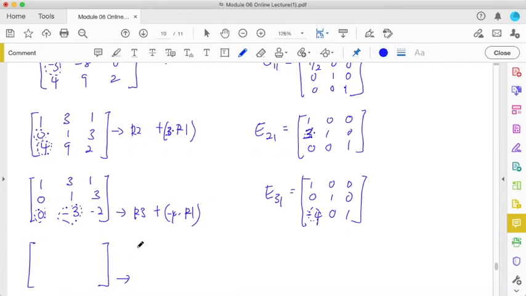To change that to 0, we take row 3, we add row 2, but row 2 must be multiplied by positive 3. So that will give you these coefficients. The rest of the coefficients in row 2, just write it back, and row 1, just write it back.